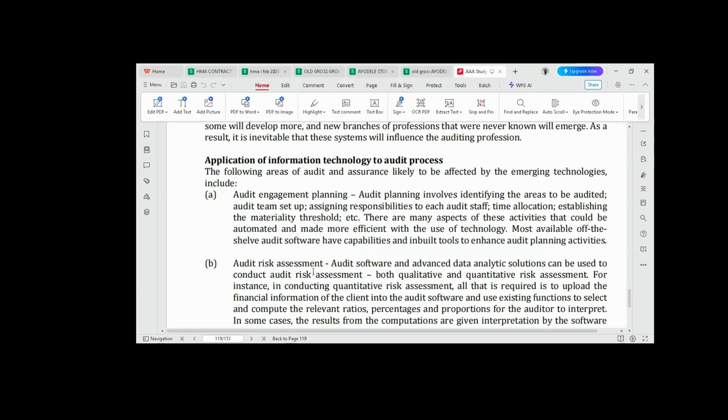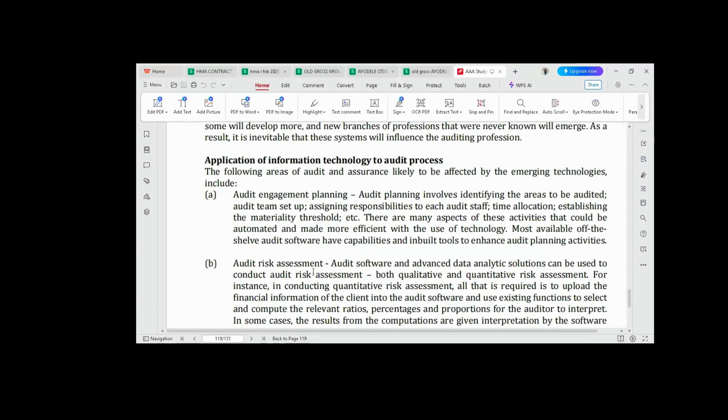So like I said, the auditor will be the one to feed the audit software the necessary information. And once you feed it in, the necessary ratios will be what? Will be computed. Because the ratios are already on the software and they have parameters.